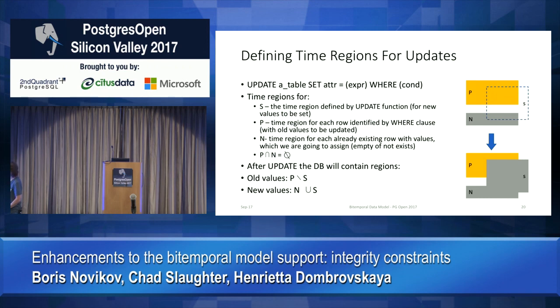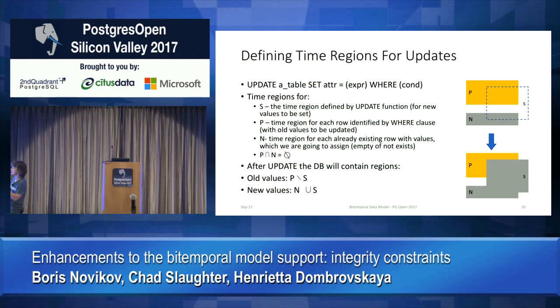Then for each row which is defined by the where clause, we have these old values which got to be updated, and that is P, and then N is the time region for each already existing row and values.